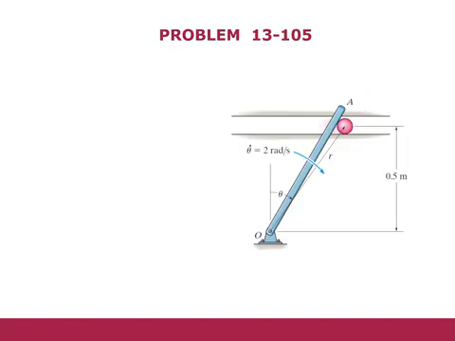This is the radial direction, so we will extend it. As we know that radial direction and transverse direction are mutually perpendicular, we will draw the transverse direction. This is our transverse direction.